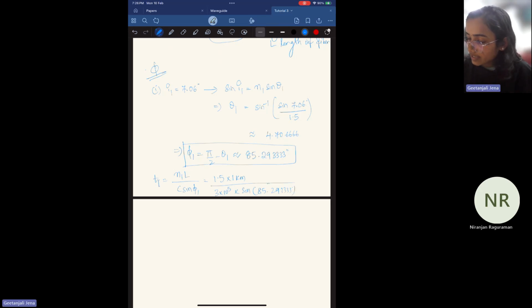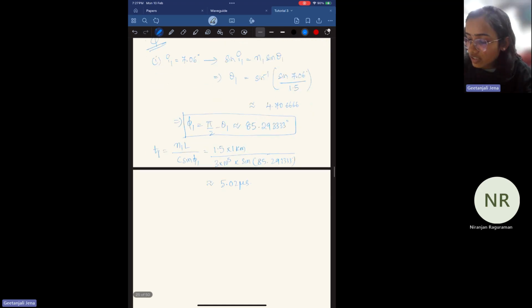And if you calculate it, it will come around 5.02 microsecond. This is for the first ray.